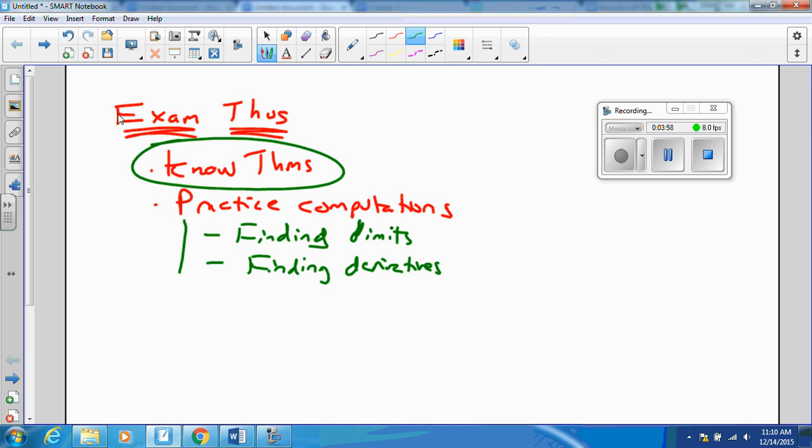So the best way to know the theorem is to actually know the proof for it. And the ones that I've marked in your study guide with a star, it's best for you to be able to say, here's the proof. If you don't, then the alternative is to try to memorize each theorem as a brute fact, and that's too much material to really keep in your head and keep straight.